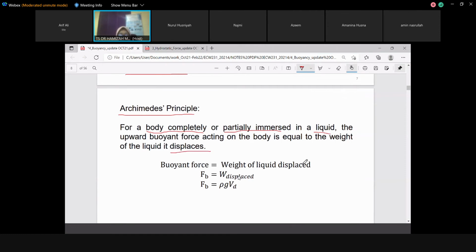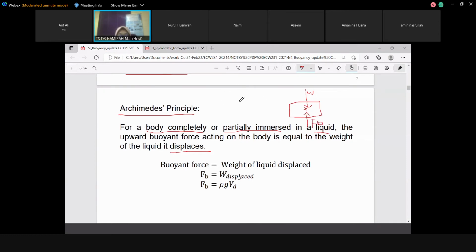Okay, basically untuk soalan buoyant force ni, you also need to draw the free body diagram. Okay, how we draw? Contoh dia ada object, you kena tahu center of gravity, sama je. And then you should be able to draw the force. We have weight. Weight ni akan add dekat center juga. And also we have the buoyant force, FB.